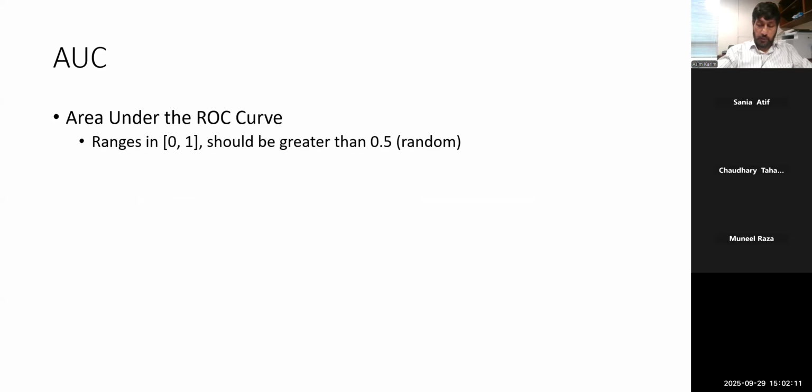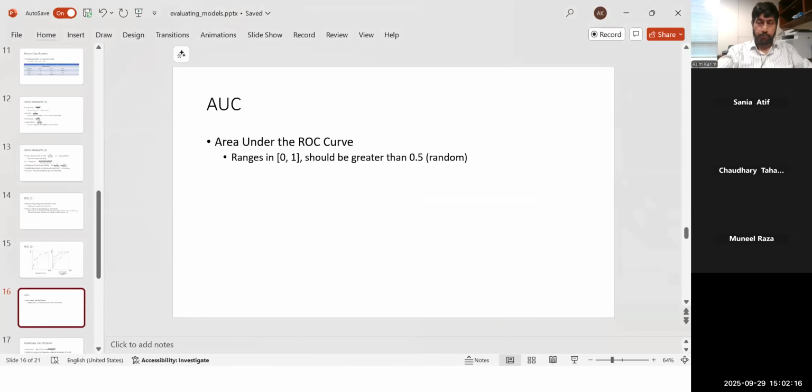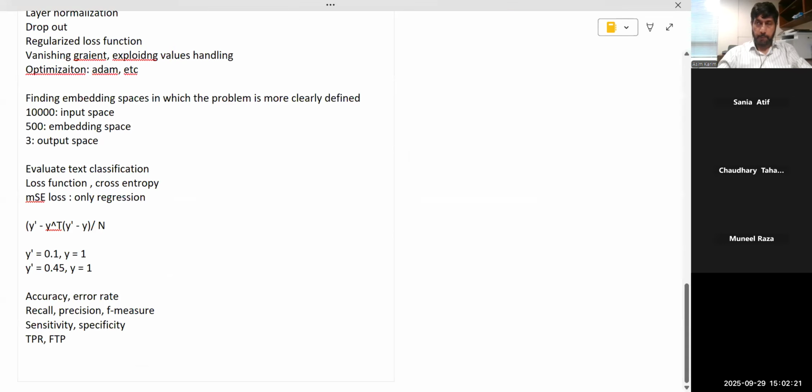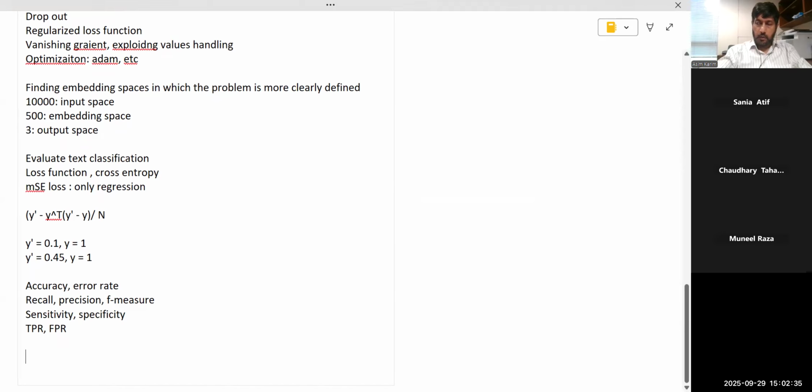So coming to multi-class classification, and then of course, as I mentioned, ROC and AUC. So all of these are commonly used for binary classification.